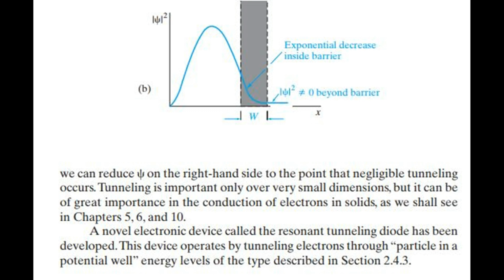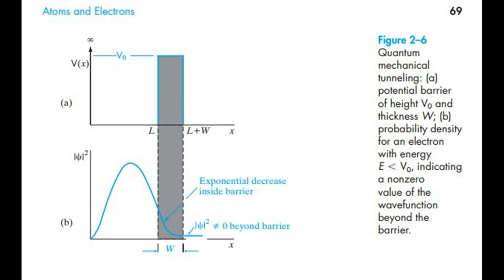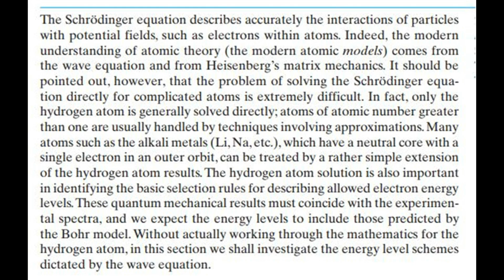The Schrödinger equation describes accurately the interactions of particles with potential fields, such as electrons within atoms. Indeed, the modern understanding of atomic theory, the modern atomic models, comes from the wave equation and from Heisenberg's matrix mechanics. It should be pointed out, however, that the problem of solving the Schrödinger equation directly for complicated atoms is extremely difficult.